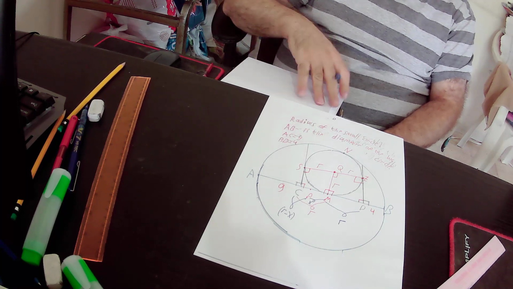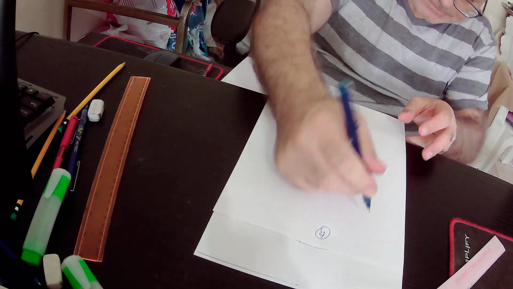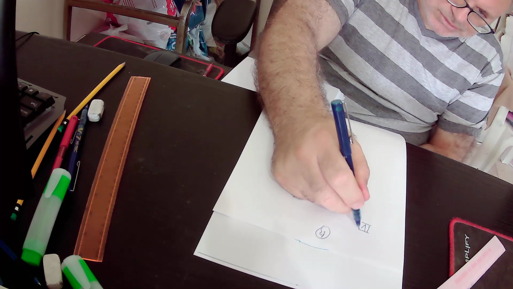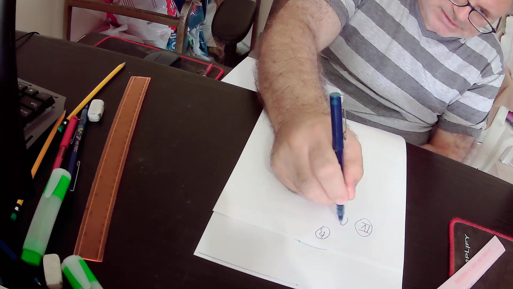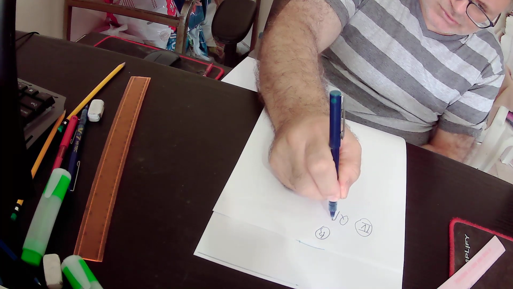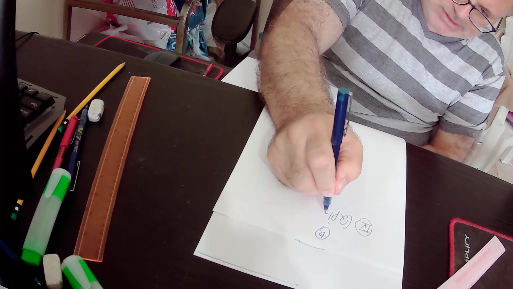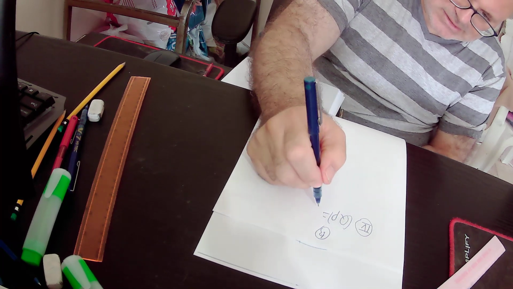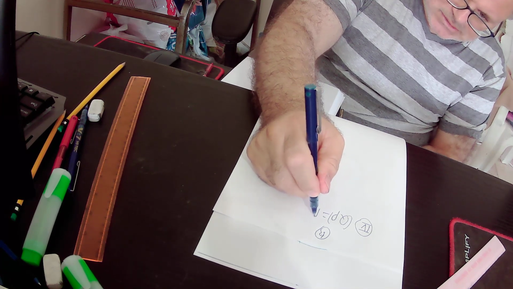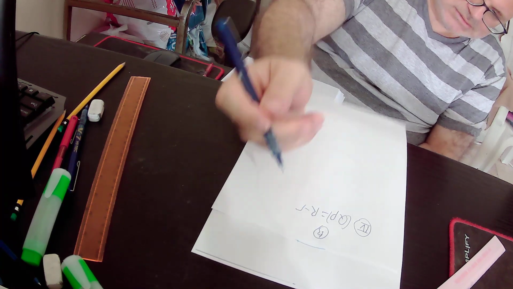Okay, so I will write it down that according to equation number 4, QP, that is the distance between the centers of those two circles, equals the difference between their radiuses. That is to say capital R minus small r.